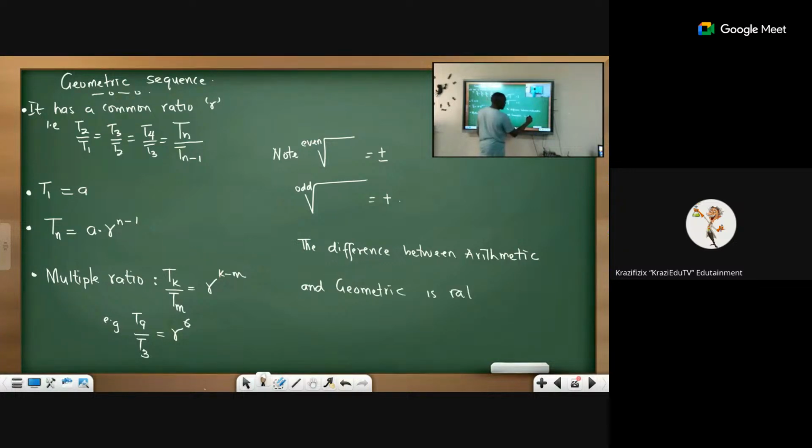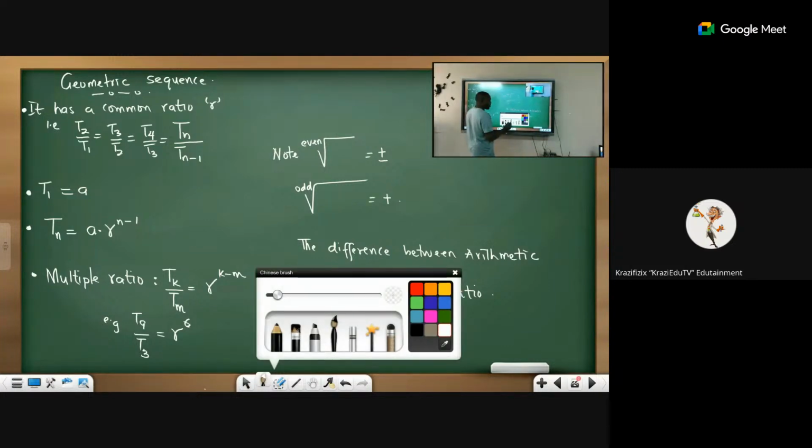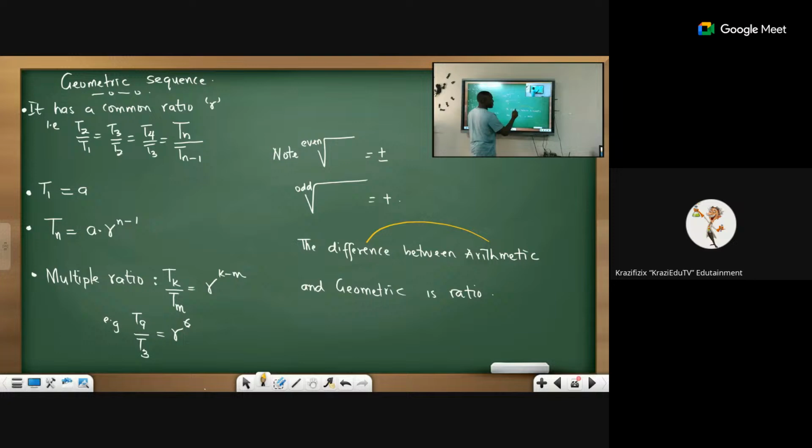Look at the way I interpret it. The difference between arithmetic, this one goes with this. So I know that difference is arithmetic and geometric is what? Ratio.